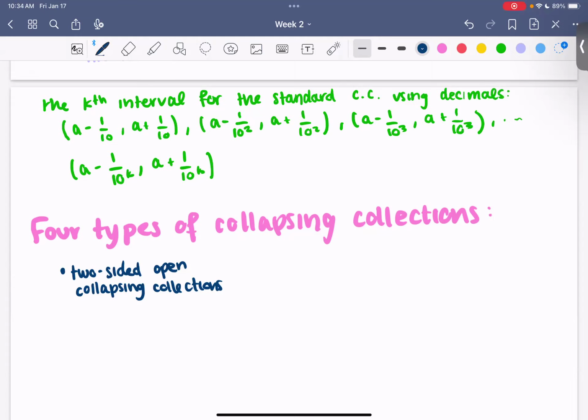And you would say that it's a two-sided collapsing collection for a number A if A is contained in every single one of them. So if I say for A, that means that A is an element of every interval.